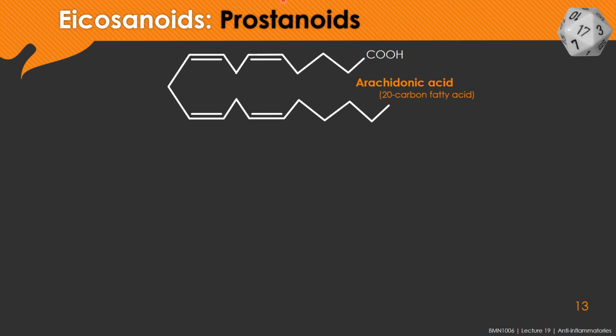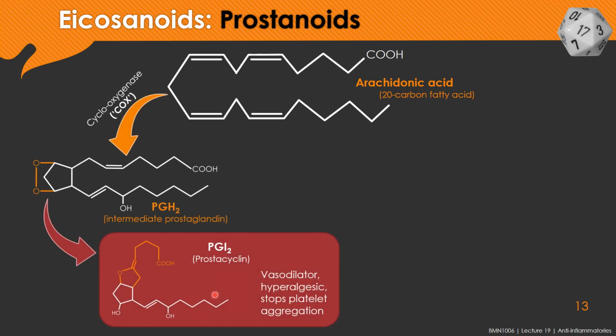We will look at the prostanoids, which is a class of eicosanoids that forms prostacyclin. So for your information, prostacyclin is actually a type of prostaglandin. And to make prostacyclin, we will need the enzyme cyclooxygenase or the COX enzyme to convert arachidonic acid into an intermediate prostaglandin PGH2 that is unstable, and it does so by adding extra oxygen atoms.